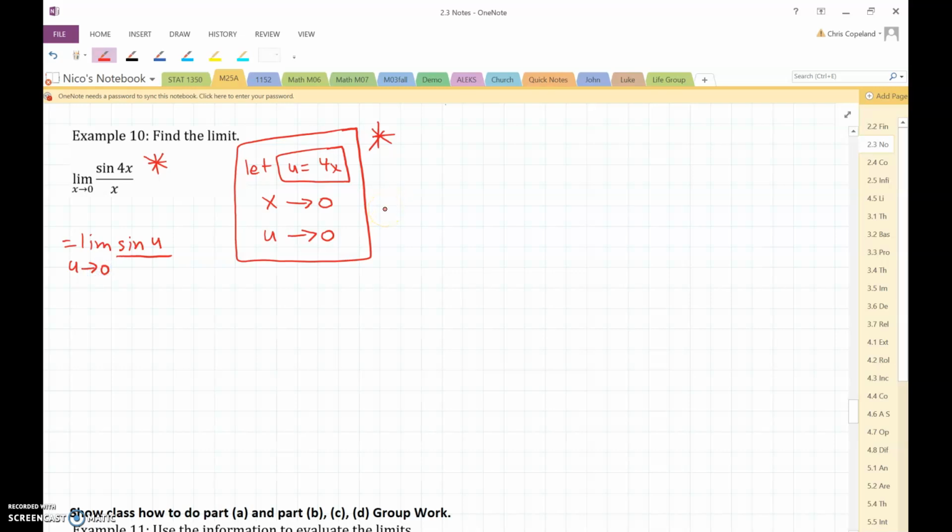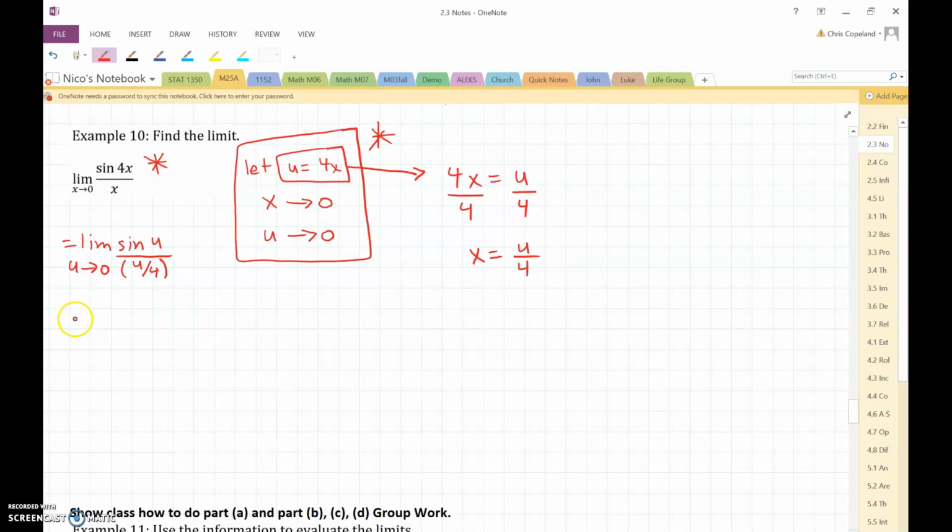And then x, if you look at this one here, we've got 4x equals u. If you solve for x, you get u over 4. So right here, we have u over 4.